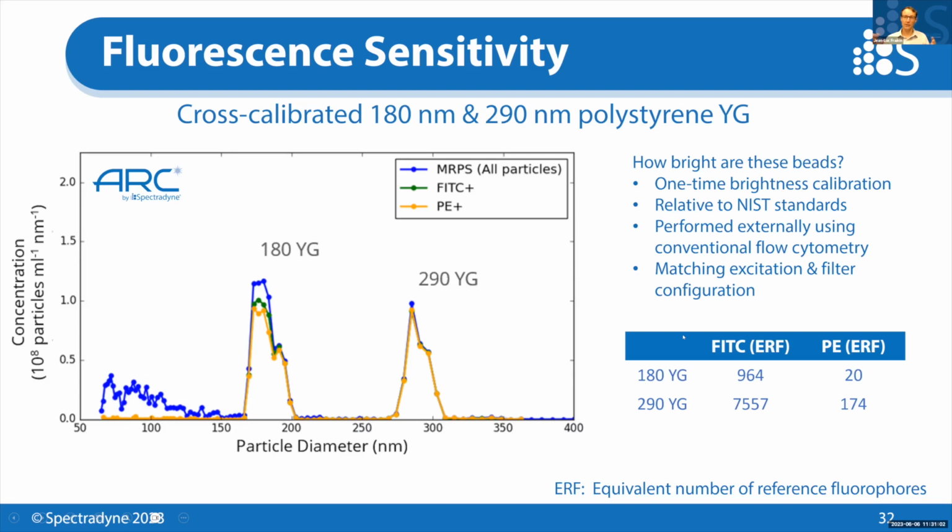They're bigger beads and solid dyed, so there's more fluorochrome in there. Those were assigned brightnesses of about 7,500 in the Phe channel and 174 in the PE channel. So now we know absolutely how bright these two particles are, and we run them on the ARC.